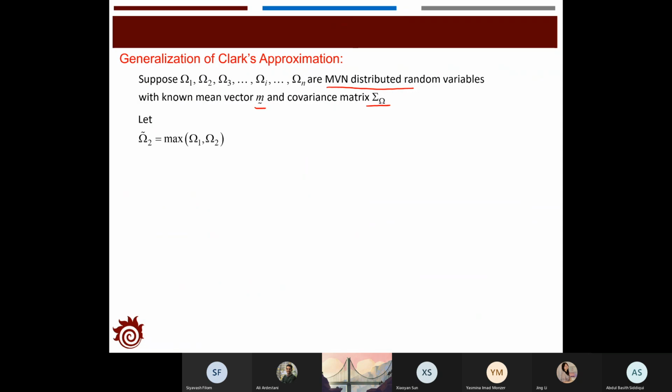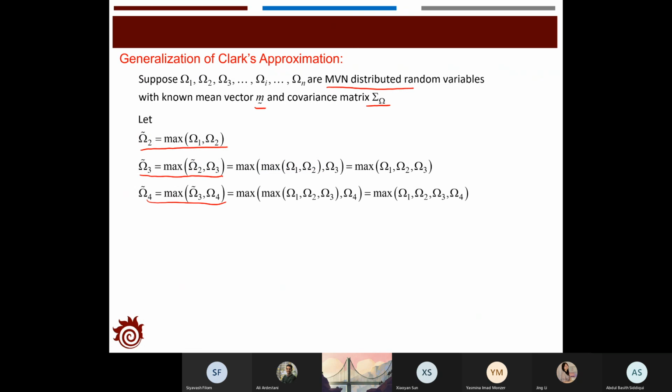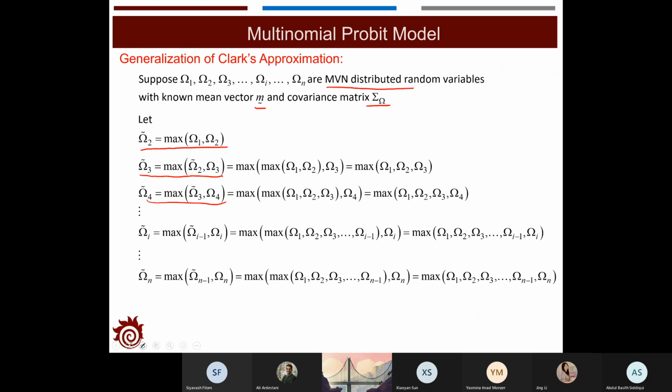What we can do is first find out the distribution for the maximum of 2 variables, omega 1, omega 2, and then find out the omega 3 tilde and omega 4 tilde, omega 5, omega 6, until you get to the last one. It's omega n-1 tilde and omega n.